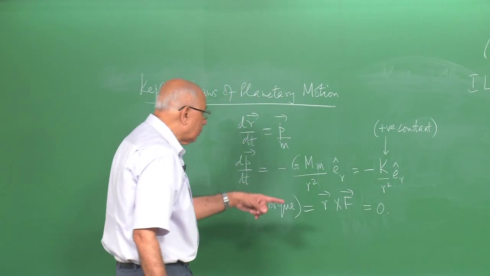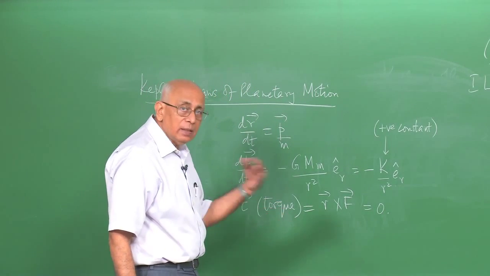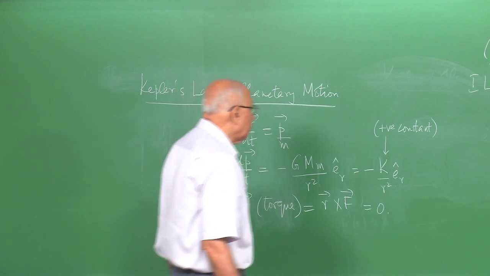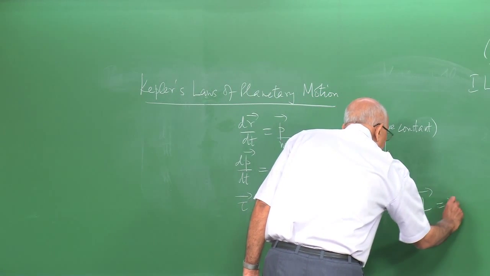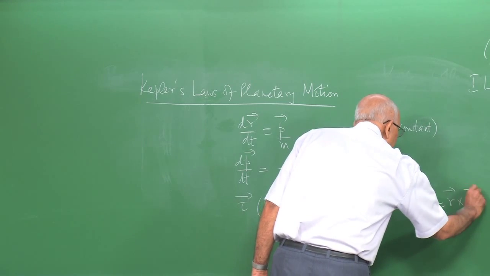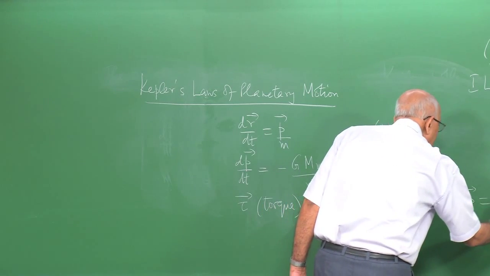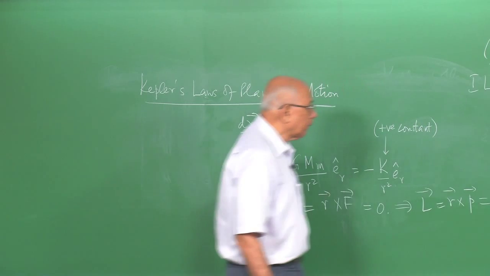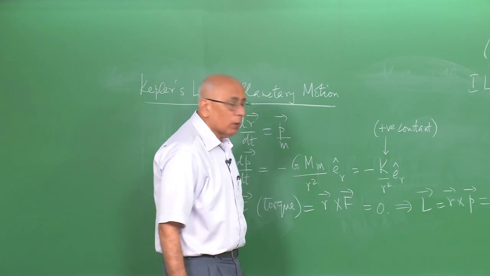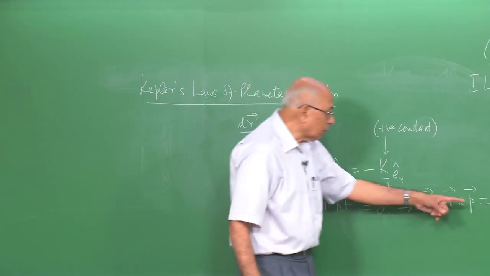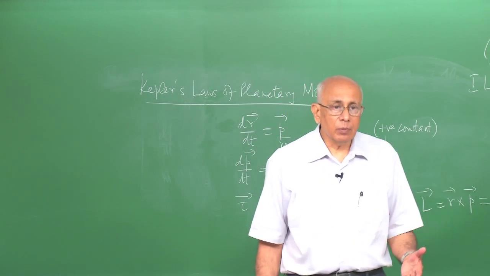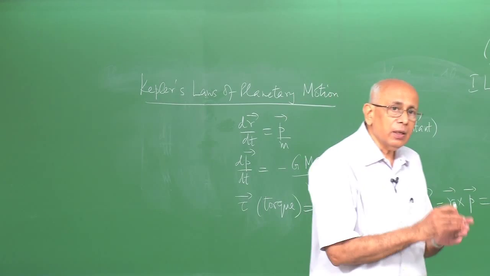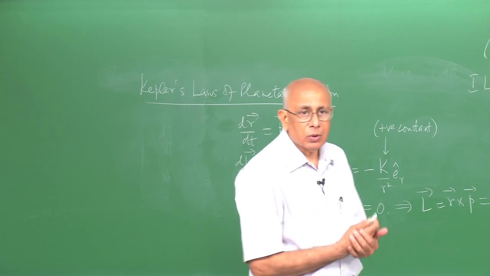And if the torque on the particle is 0, as it is in any central force, it immediately implies that the orbital angular momentum L equal to r cross p is a constant of the motion. Now this is a vector. Therefore when you say a vector is a constant of the motion, not only is its direction a constant, but its magnitude is also a constant.